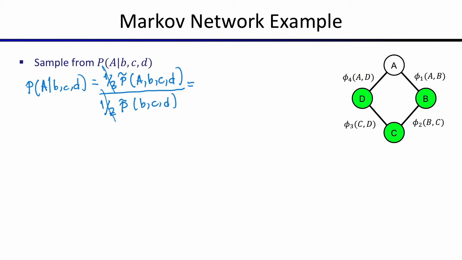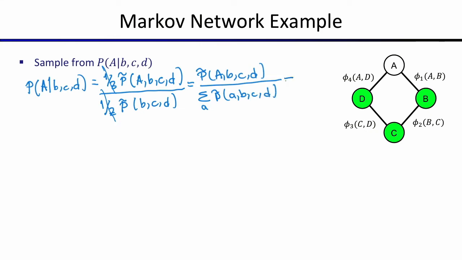So in this case, we have the P tilde of A, B, C, and D, and now we're going to introduce another variable that's going to be the variable A. So we're going to sum over A here, the P tilde of A, B, C, and D.